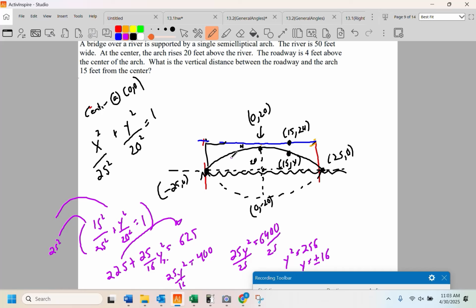So whether I'm here or here, which would have been technically (negative 15, 24), I'm going to have the ordered pair (15, negative 16), or I'm going to have (15, positive 16). Whew. A lot of work for this little problem. Those guys are 8 foot apart, because 24 minus 16 is 8.